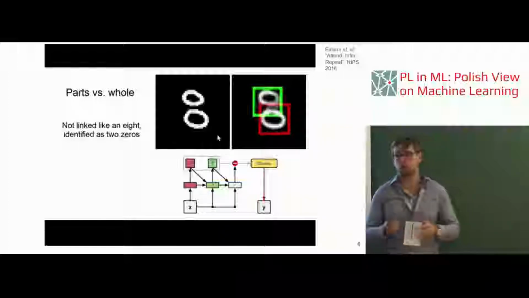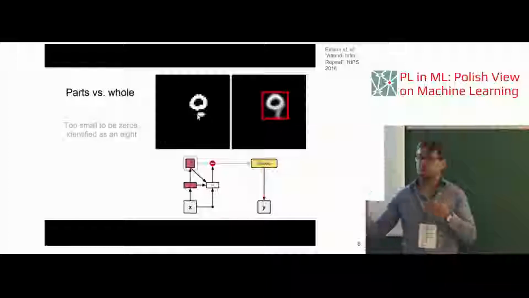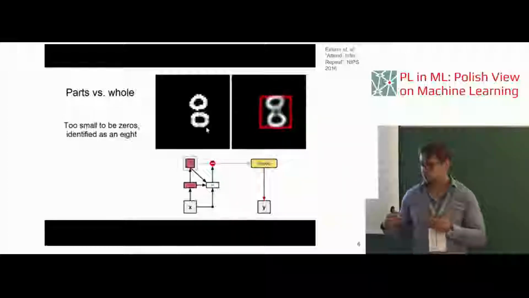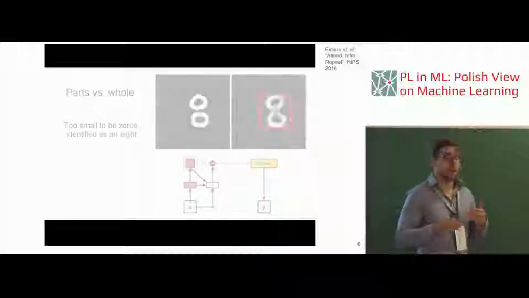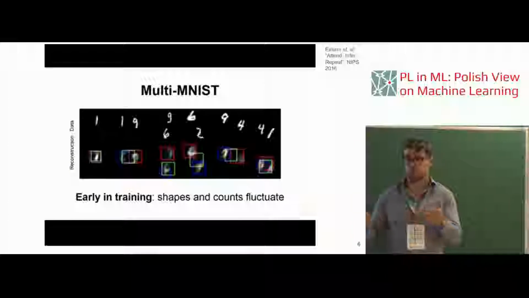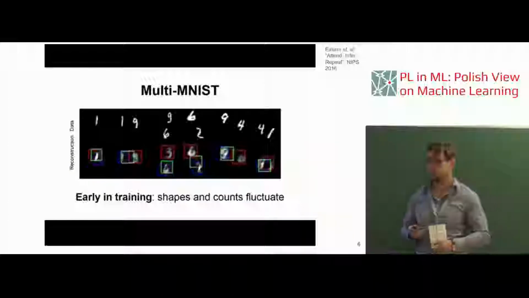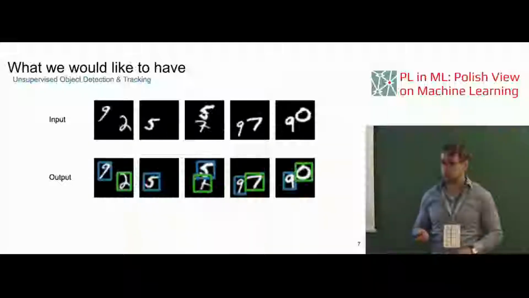However, if you wanted to apply it to videos, to image sequences, then even though we can detect objects in separate frames, there is no way to tell that, hey, this pair of latent variables corresponds to the same object. So there is no way of drawing correspondences between objects. So what we would like to have is something like this.